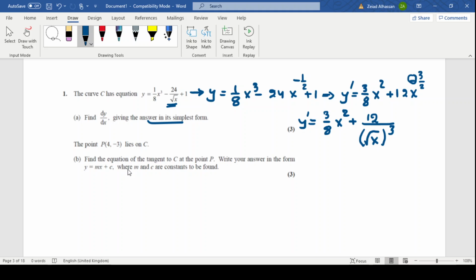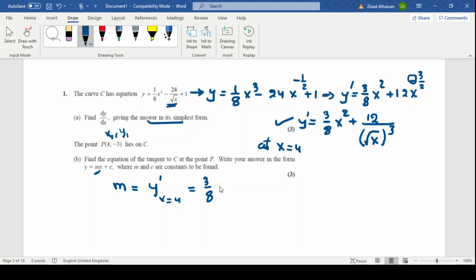And so the m, which is your y prime at the point x equals 4, is equal to 3 over 8 times 4 power 2 plus 12 over square root of 4 power 3.